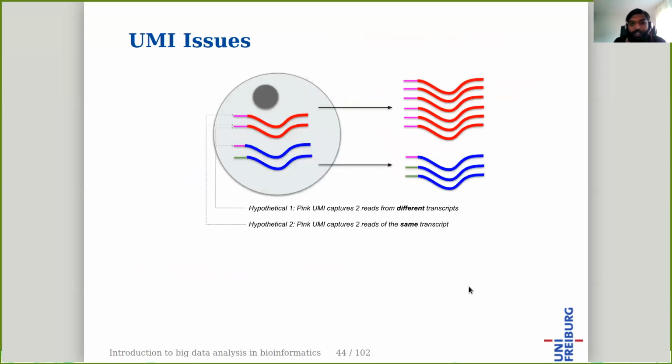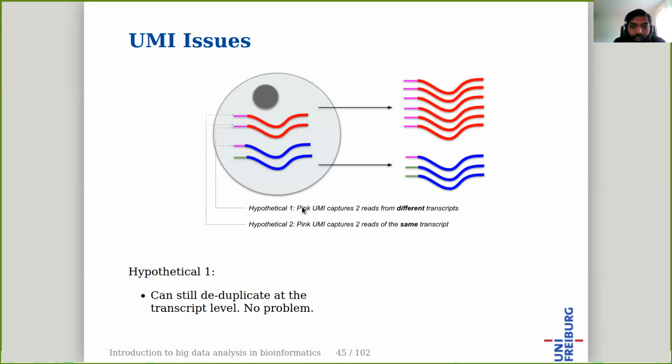There are still some issues with the UMIs, one of which can be solved, and one of which cannot. So let's look at these two issues. In this hypothetical example 1, the pink UMI captures 2 reads.